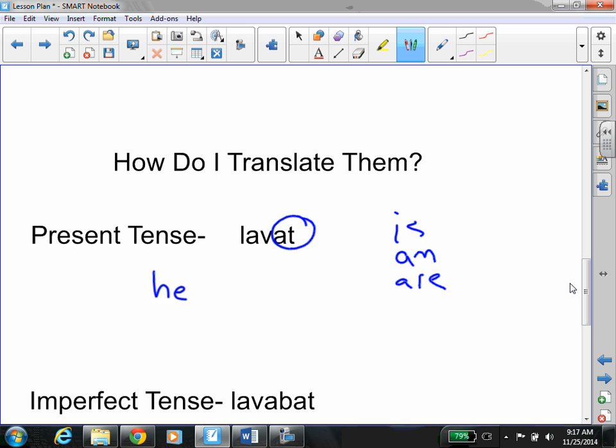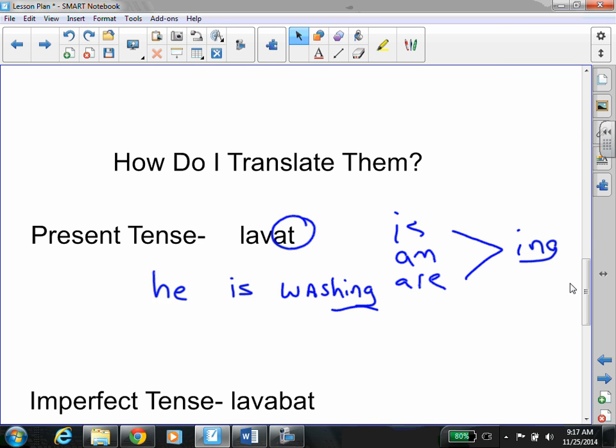So he is, he am, or he are, it's he is. Now I have to have an ing form of the verb, and I have washing. Now see the ing, there are irregular forms that will show up that kind of hurt us with these rules, but for the most part, this is how it works.